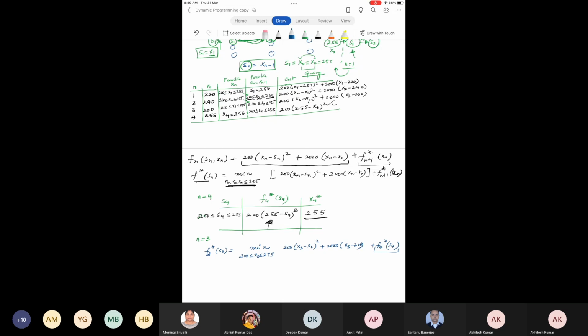0, sir. Why should it be 0? So we are taking optimum at 255, no, sir? But it has an expression to itself, right? There is a cost expression for it.